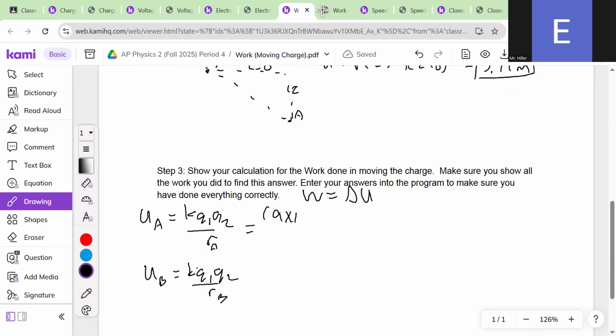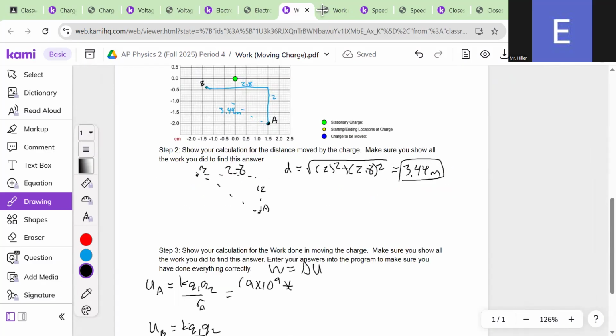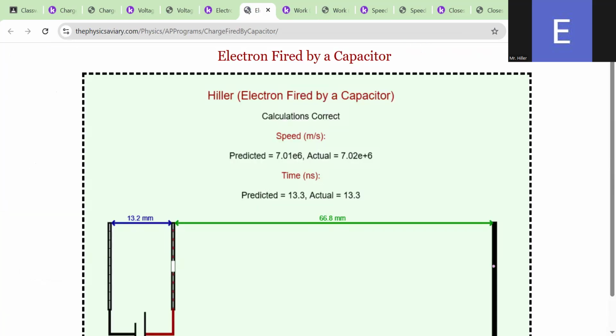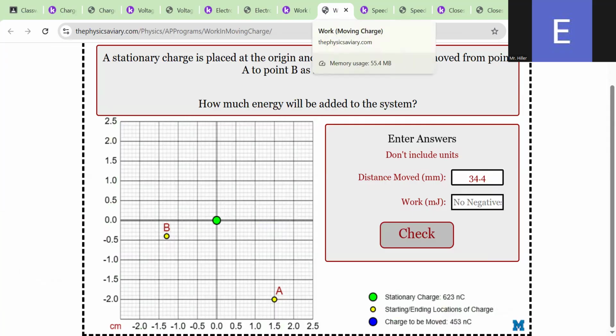So we're going to go 9 times 10 to the 9 times charge 1 and charge 2. Label that information here. For me, the stationary charge is 623.